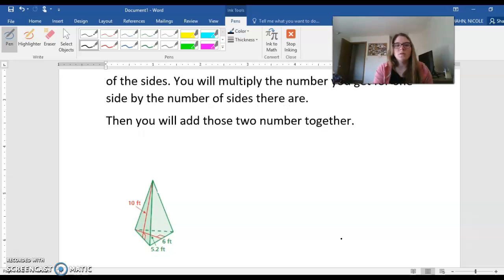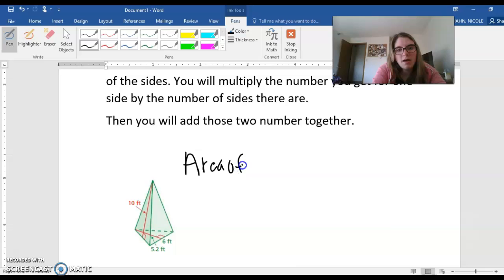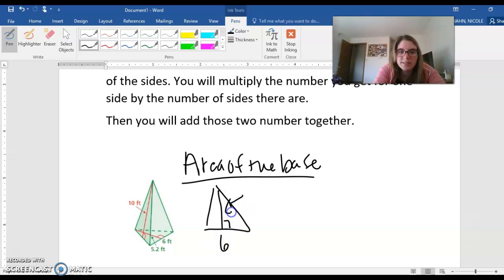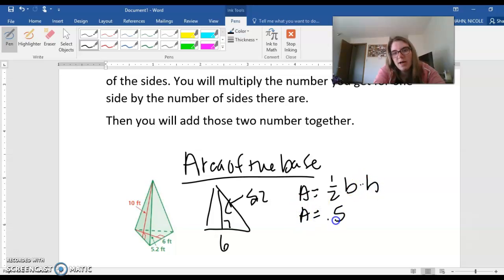So we need to find the area of the base. Okay, so the area of the base, that's this triangle right here, the triangle that's on the bottom. If you notice, the bottom is 6 feet, and then they said the height was 5.2. So remember, area equals 1/2 base times height, or area equals 0.5 base times height.